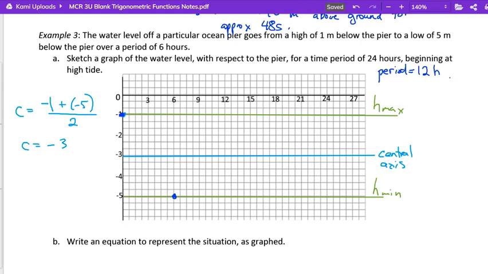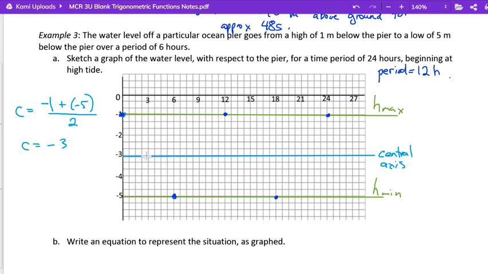If you think about the tides, twice a day you'll have high tides and low tides. So at 12, we're back to high tide. At 18, we're back to low tide. And at 24, we're back to high tide. 24 hours is 1 day, and in 1 day you will have 2 low tides and 2 high tides.